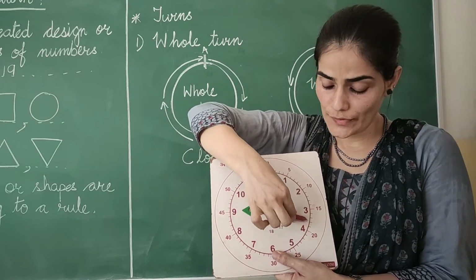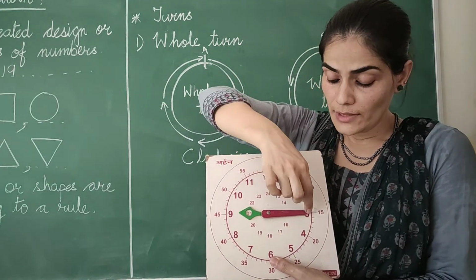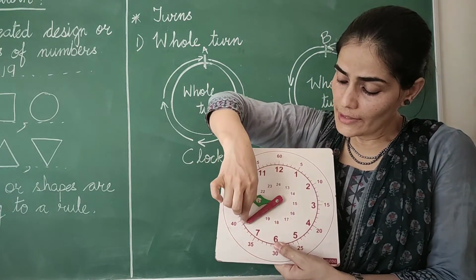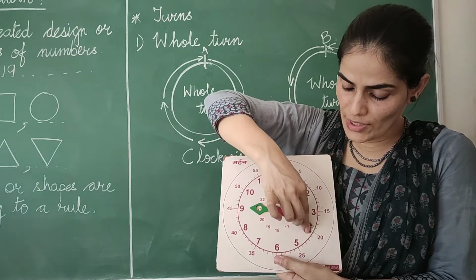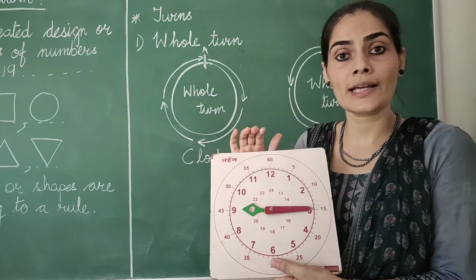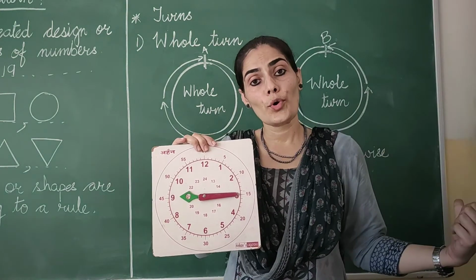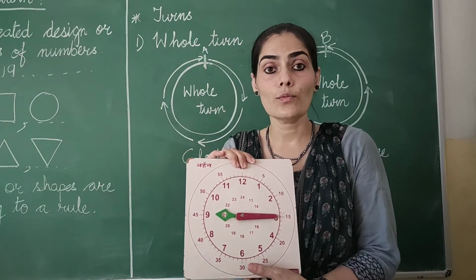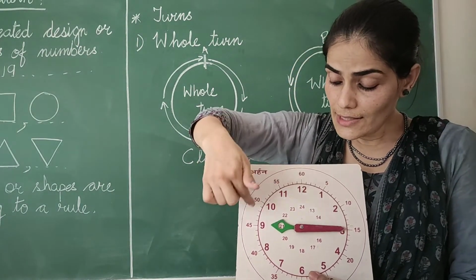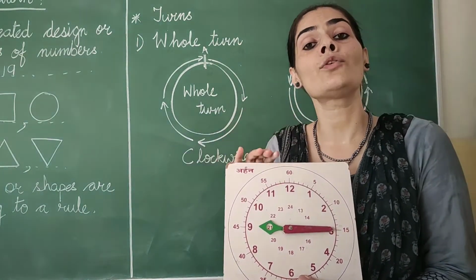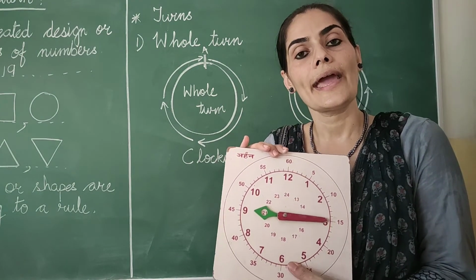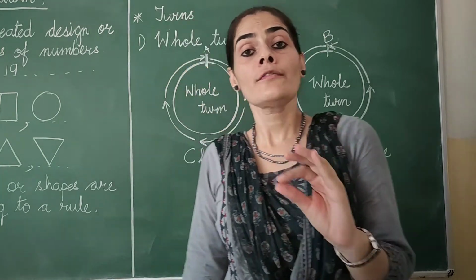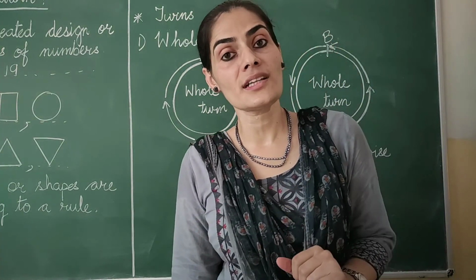This is how it moves, but this time it moves in the opposite direction and it keeps moving till it reaches the same position and comes back and points in the same direction, that is the right, towards your right. Then what do we say? That this hand has taken one whole turn, but it is anti-clockwise.